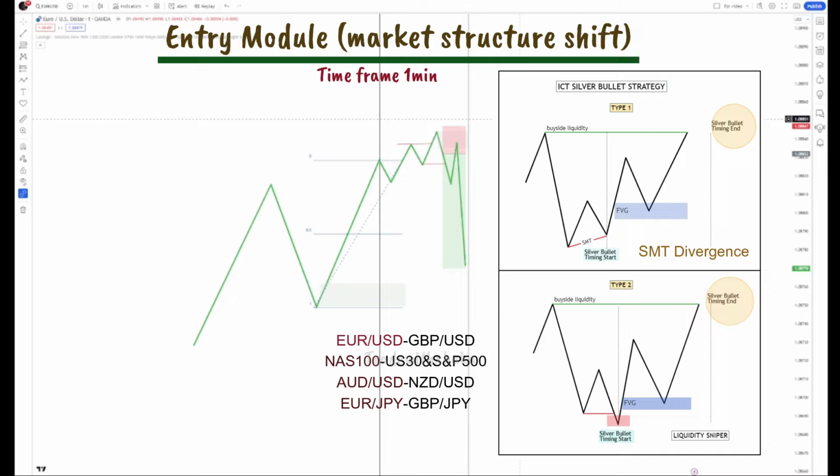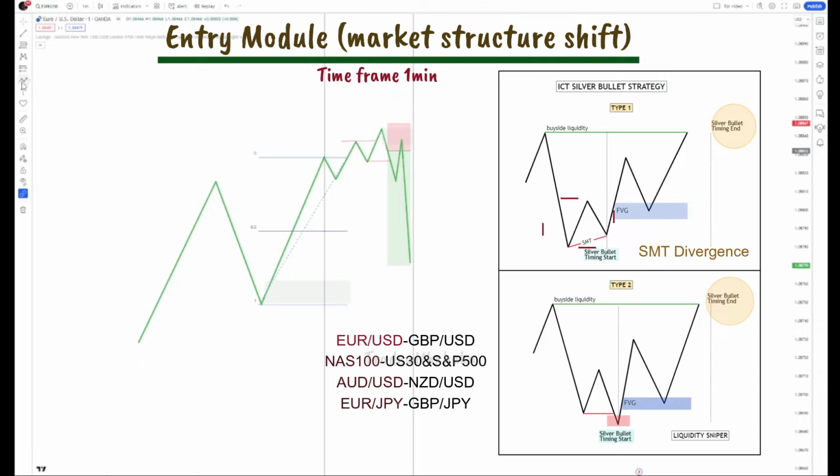What of AUDUSD? You look for your SMT divergence in NZDUSD. What about gold? I think gold is NZDJPY. So all these pairs have the same movement, but let's say for instance that EURUSD moves high, makes higher highs and higher lows, but in GBPUSD it fails to make a higher low and makes a lower high.